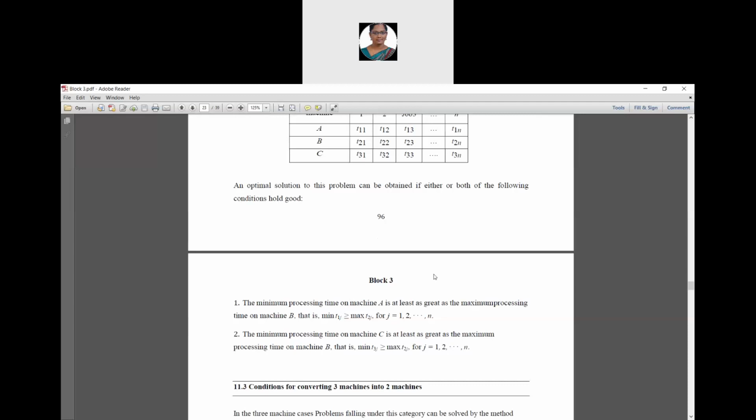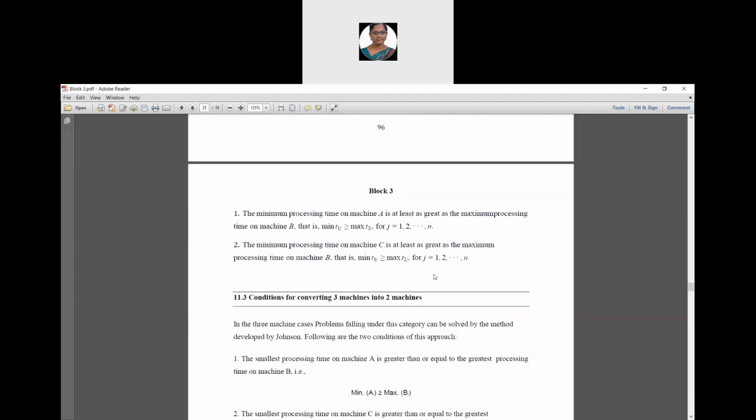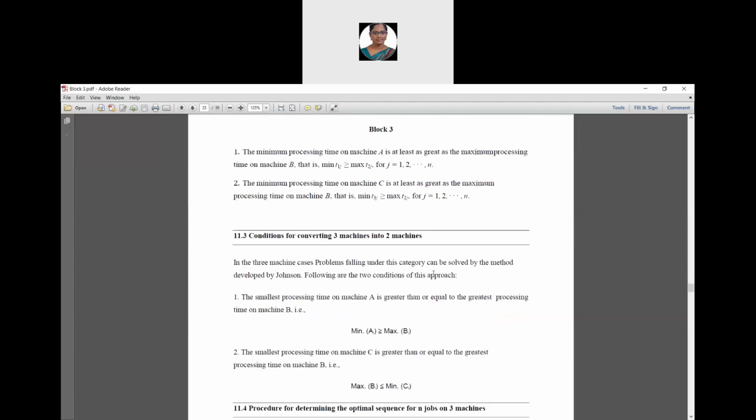First, the minimum processing time on machine A is at least as great as the maximum processing time on machine B. That is, minimum T1 is greater than or equal to maximum T2.